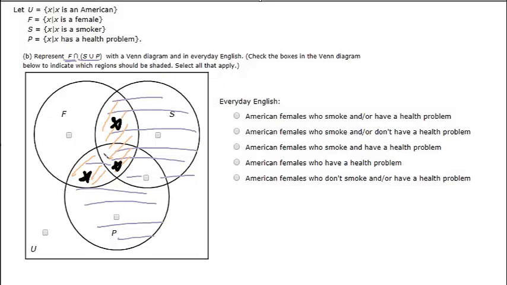All of those in this realm here fit this description. So what is that saying? Well, so it would be a female who is smoking, or they have a health problem. So female who's smoking. Oh, it's the first one. Well, that makes it nice for me. Okay.